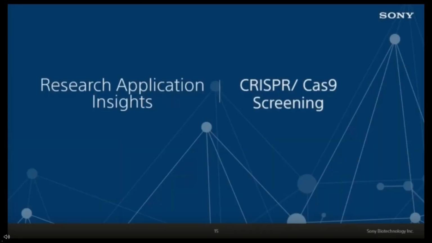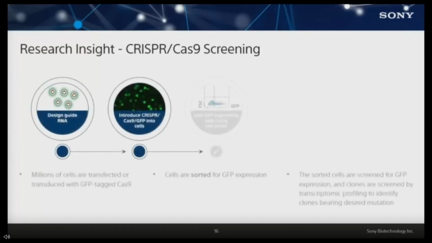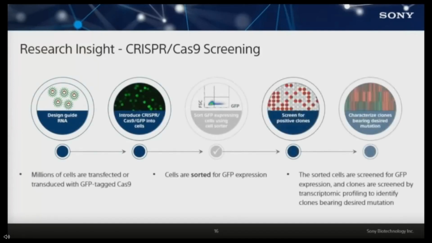Let's move into research applications. The first one we're going to talk about is CRISPR-Cas9 screening. So, as many of you may know, millions of cells are transfected or transduced with GFP tag, Cas9, or maybe some other tag system. Cells are then sorted based on GFP expression.